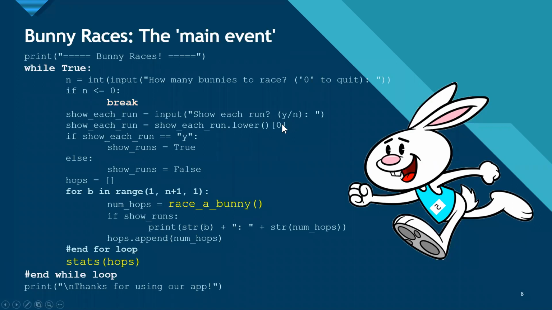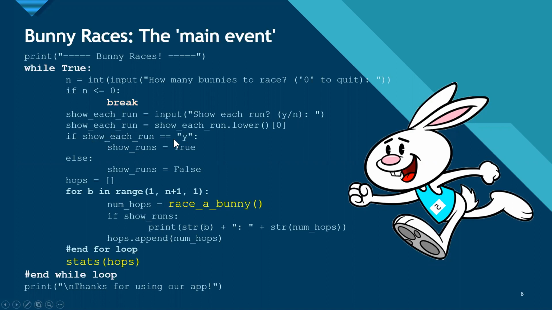Well, I'm going to be thoughtful about this and think, well, let's make it into lowercase and then grab the first character of it. So this is an aspect of string manipulation, which we've already covered at this point in our course. And I'm hoping that kids feel pretty good about that. So now I've sanitized the input for show each run. And now I feel pretty good that this selection logic is going to work.